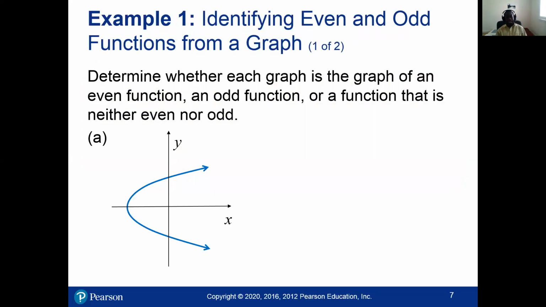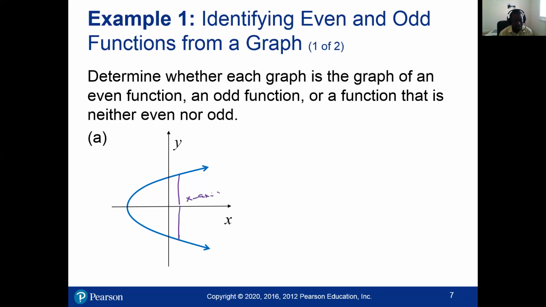Okay, here are some examples. First, we are given a graph, and we want to determine whether the graph is odd, even, or neither. If I look at this graph, it is not symmetric with respect to the y-axis, nor the origin, but technically it is symmetric with respect to the x-axis.